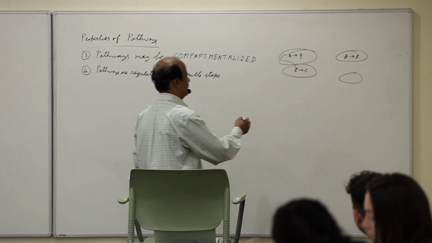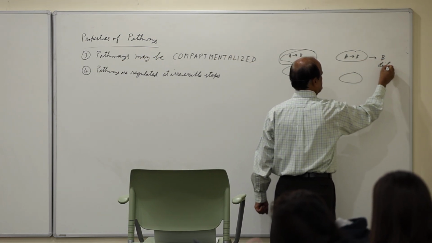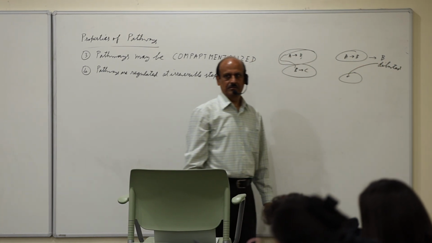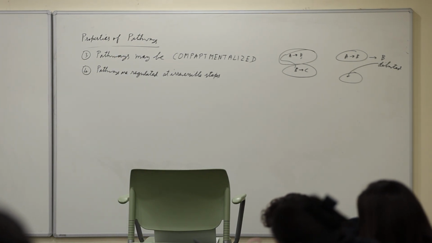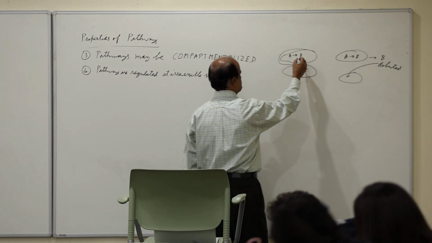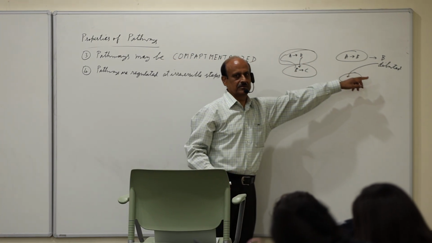So once B is formed and it leaves, it becomes diluted, and then it has to be captured by the second enzyme, which won't happen unless you reach a certain concentration of B. So that makes it inefficient because they are separated. But if they are together, then this B directly goes from this one to this one without getting diluted into the medium.